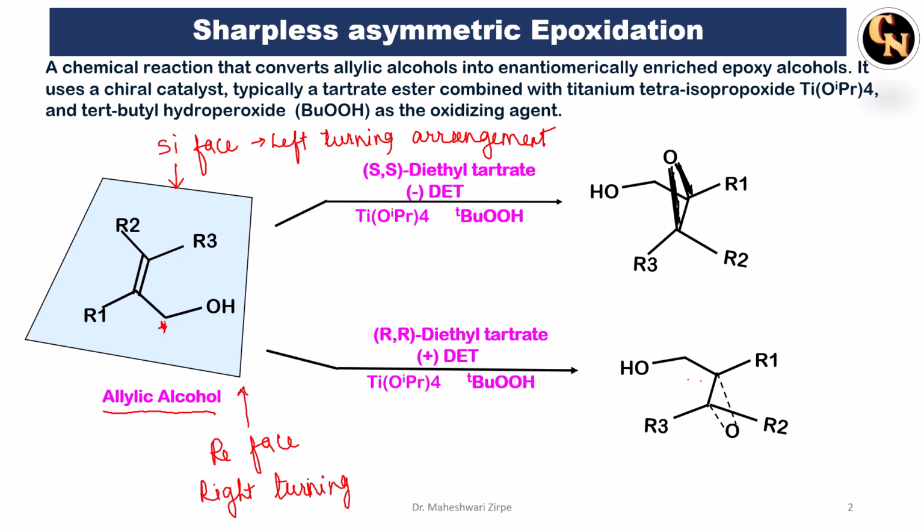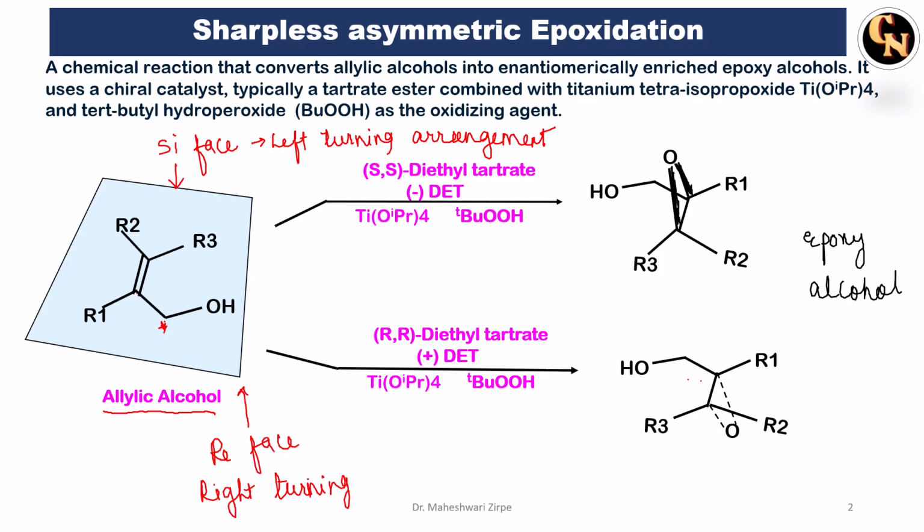Okay, so this is what makes this not a rearrangement reaction but an epoxidation reaction, an important reaction, and that's the reason why these reactions are asked in competitive exams. Whatever product is formed, these are known as epoxy alcohols.